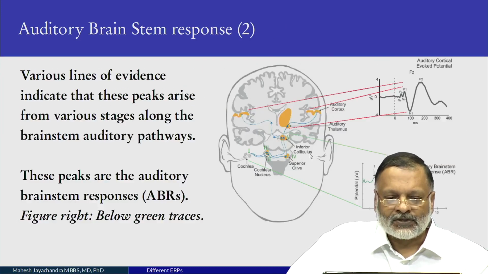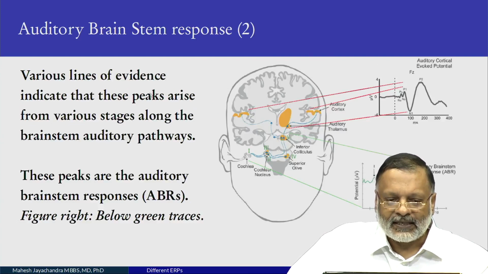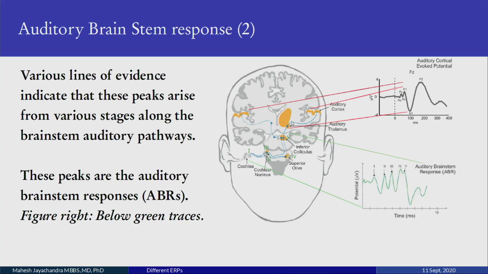Various lines of evidence indicate that these peaks arise from various stages along the auditory pathway. You have a stimulus coming in here. First you have the cochlea, then the cochlear nucleus, then the superior olive, then the inferior colliculus, then the auditory thalamus, the medial geniculate body, and finally the auditory cortex.